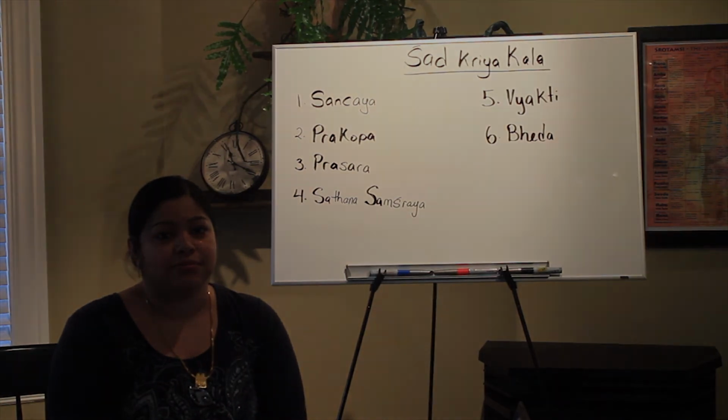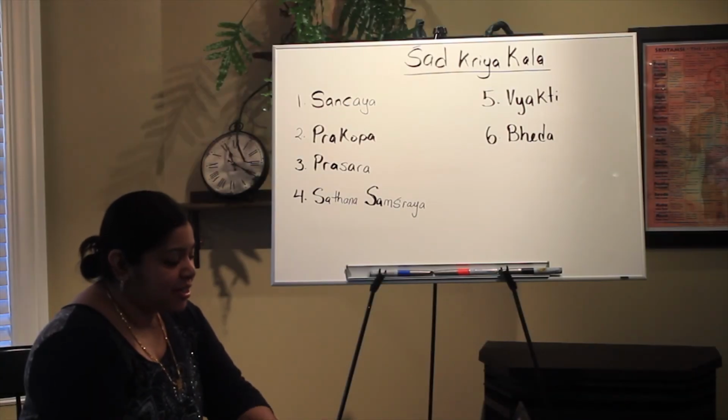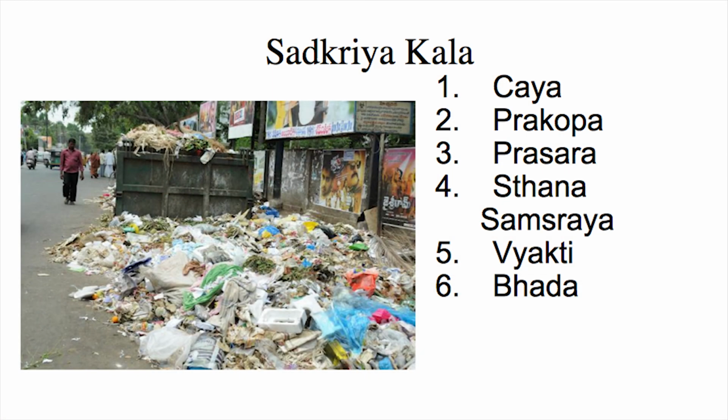So as you can see in this picture, to reiterate what we just talked about, you see a dumpster that is overflowing and that has a lot of waste product and garbage around it. So the state of chaya would be, if you're adding garbage into this dumpster, it's slightly there, but it's still within its container.